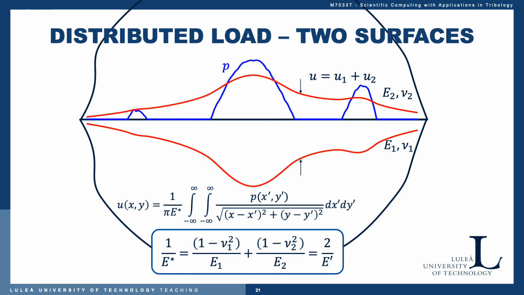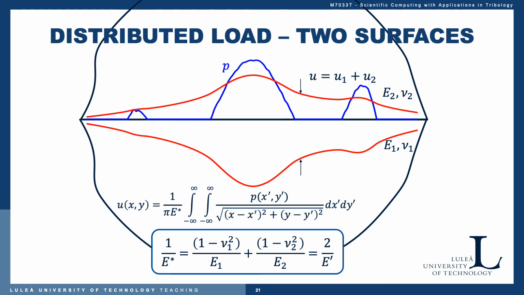I personally see an advantage with the latter one, because by taking 2 over E prime will be sort of the same magnitude as E1 and E2 if they would be the same, while E star would be approximately half of it. For steel, for example, we would have something like 210 gigapascals for the E prime if the E1 and E2 are of that order.